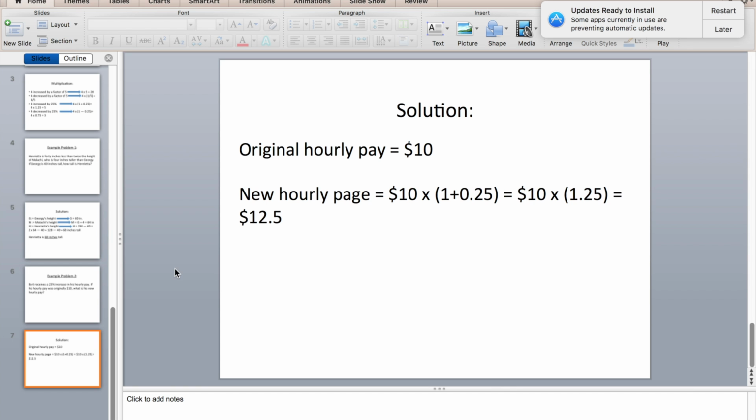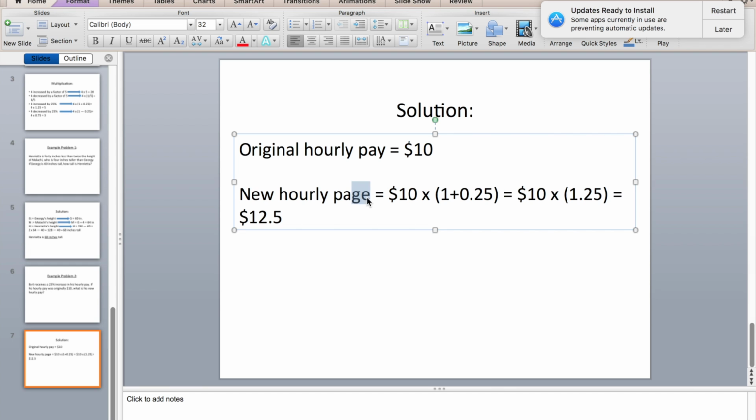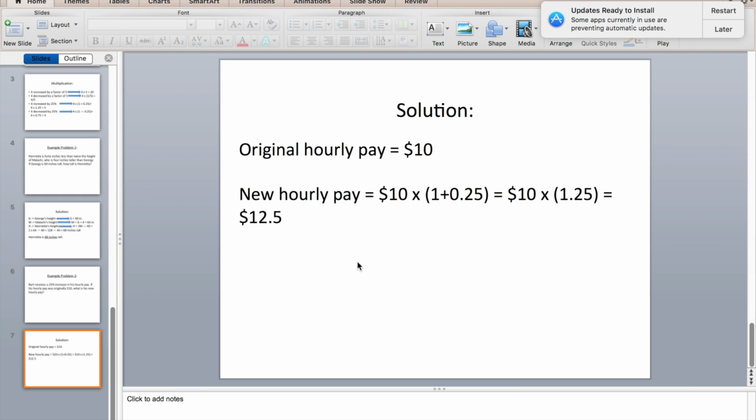So the new hourly pay is an increase of 1.25, or in other words, 10 times the quantity, 1 plus 0.25, or 10 times 1.25. So his new pay is $12.50. Hopefully this makes sense.